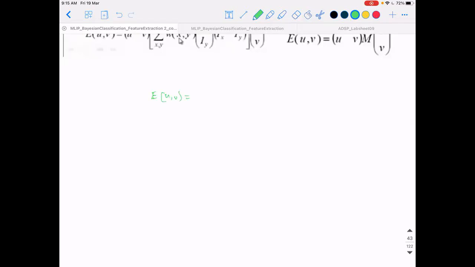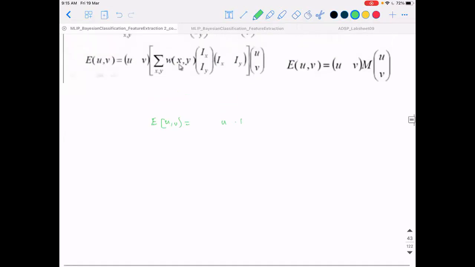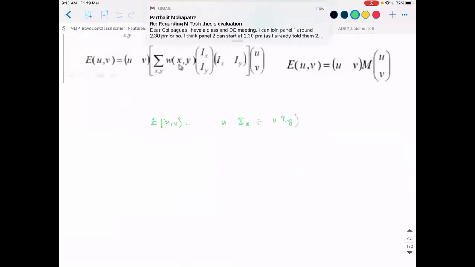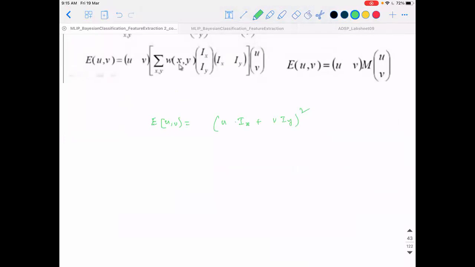If I write u into Ix, v into Iy, whole square, what equation do you think it closely relates to? In u, v, what kind of curve, or what kind of polynomial is this, if you want to find the locus of points having equal u, v values? What will it come to?